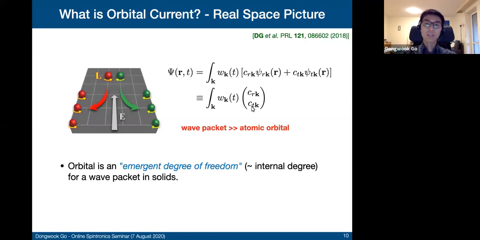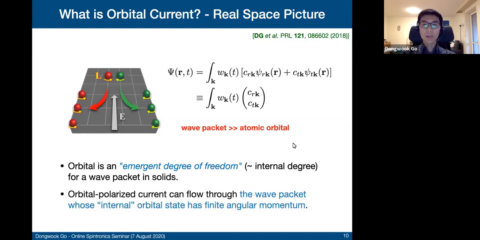It's just one solution in the atom. But in the solid, as a collection of atoms, this orbital information can act like an internal degree, like a spin, and this is again called an emergent degree of freedom. So there is an orbital current as the movement of this wave packet with this internal degree of freedom, the C numbers. So this is how we understand the orbital current in real space.